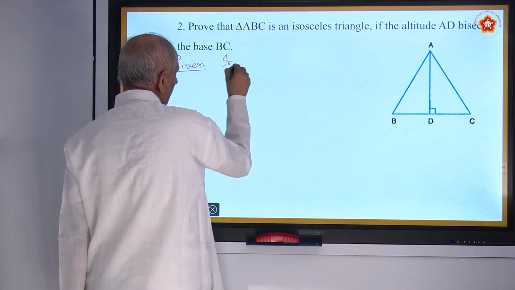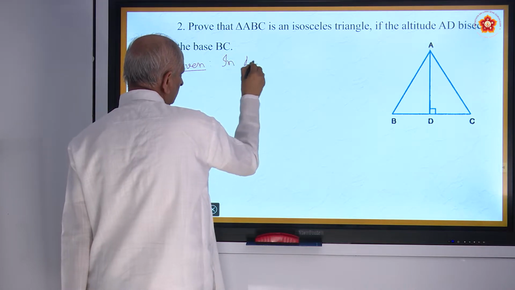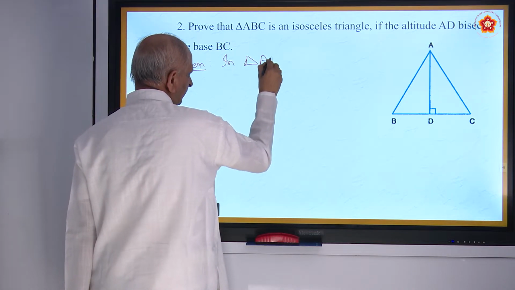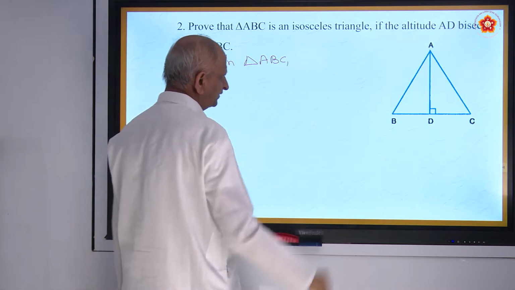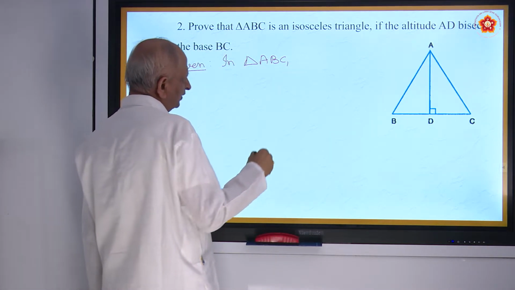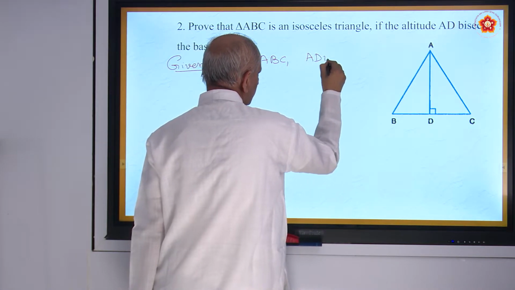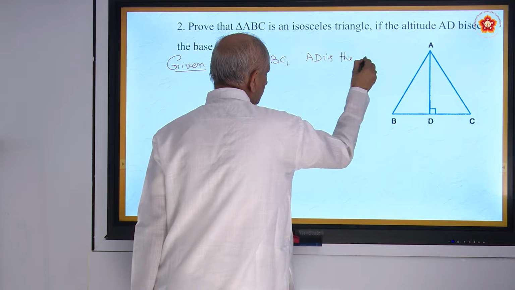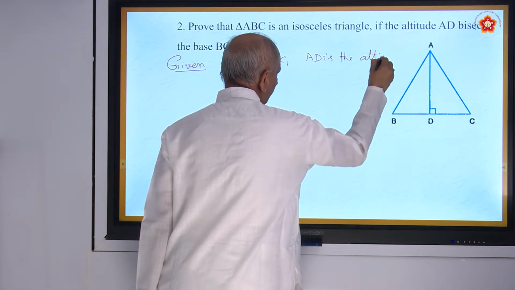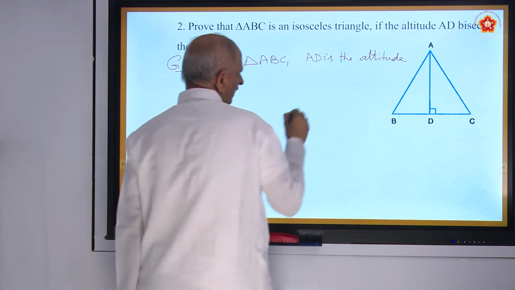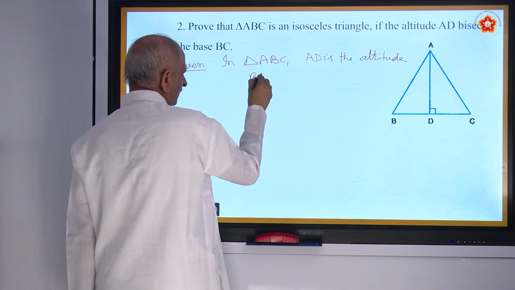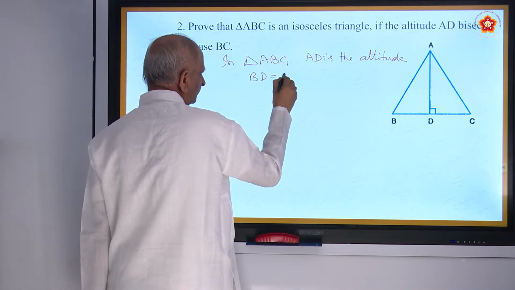So in triangle ABC, AD altitude bisects, is it not? So you have AD is the altitude and also you are given that BD is equal to DC.